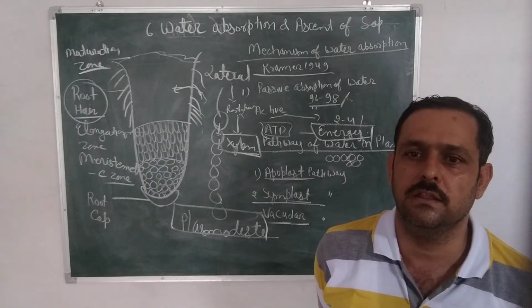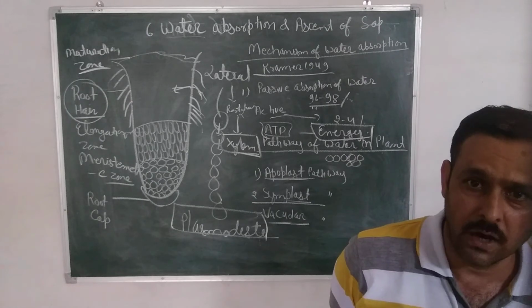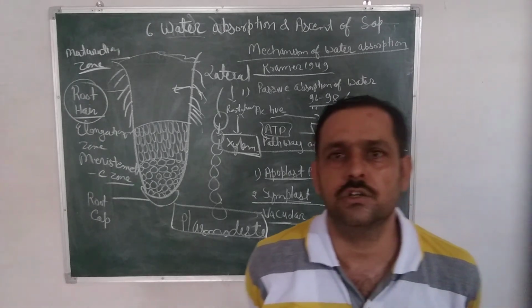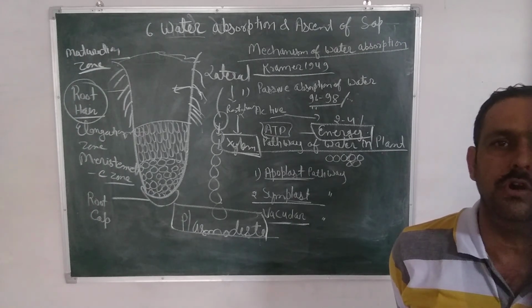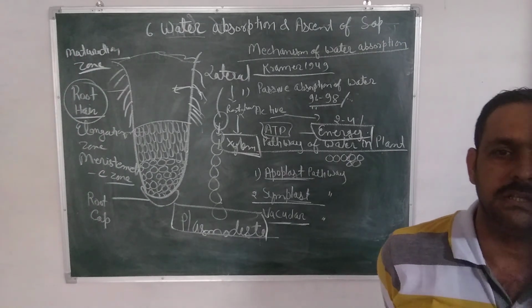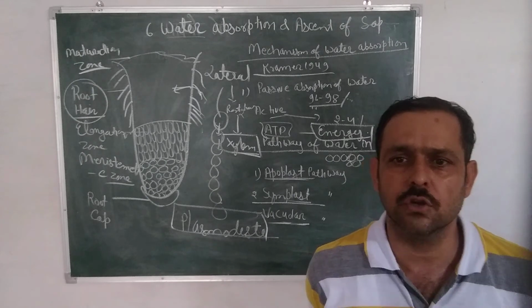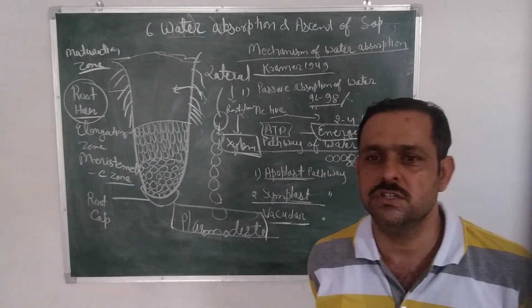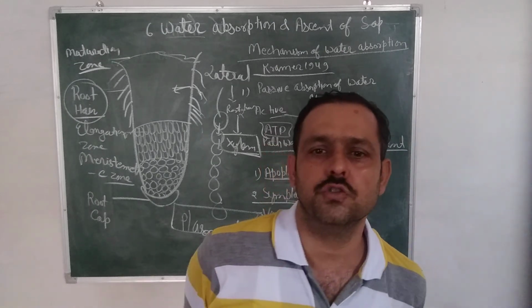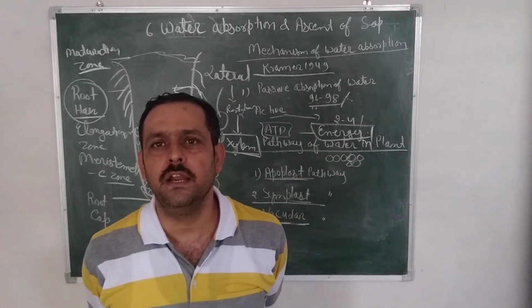In this type of flow, water enters from one cell to another through the plasma membrane, not by plasmodesmata. After this, water passes through the tonoplast and the vacuole. This process is also done by osmosis and requires energy.